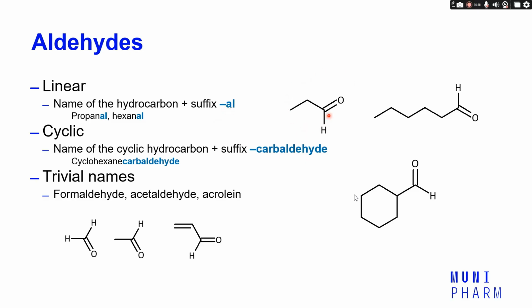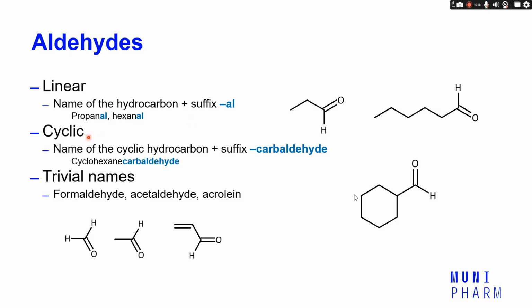This compound with 3 carbons is called propanal, and this, which contains 6 carbons, is a hexanal. It is not necessary to use locants because the aldehyde group may also be only on the first carbon.